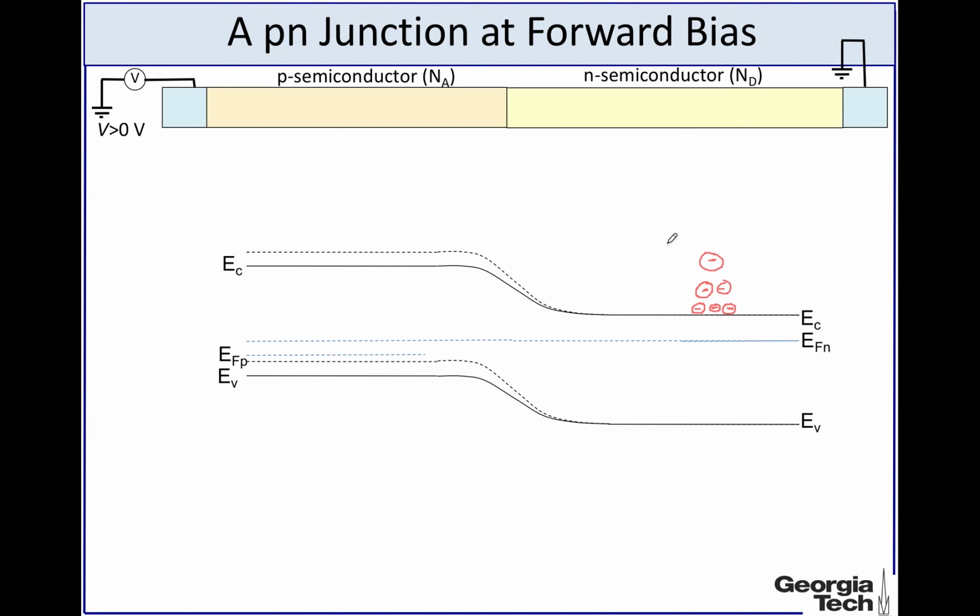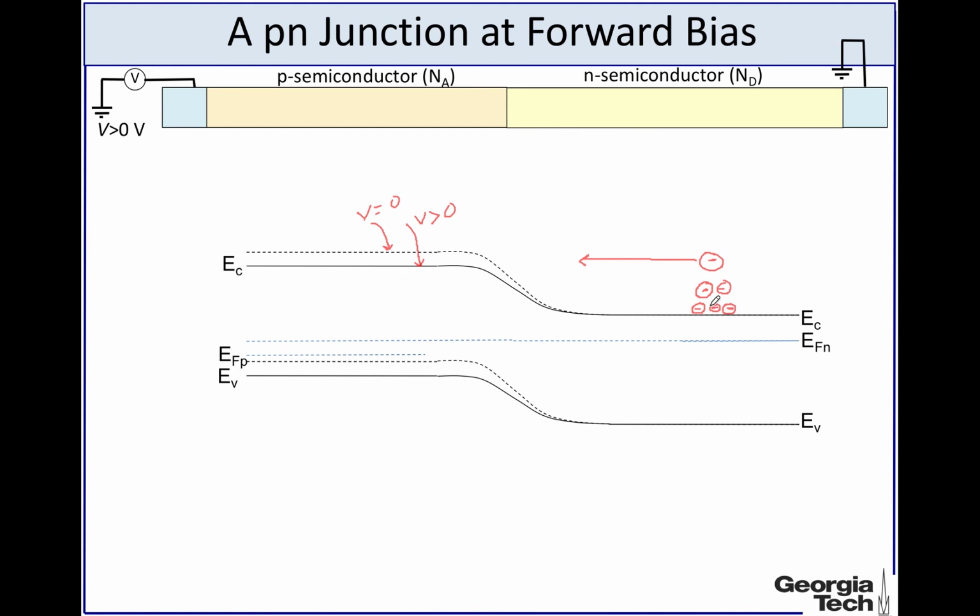Now what is interesting is that this dotted curve again is for V equals 0, and the solid curve is for V larger than 0. Now what you can clearly see is that for the electrons on the n side, the barrier has gone down. So as a result, you can have more electrons that go from the n side to the p side.